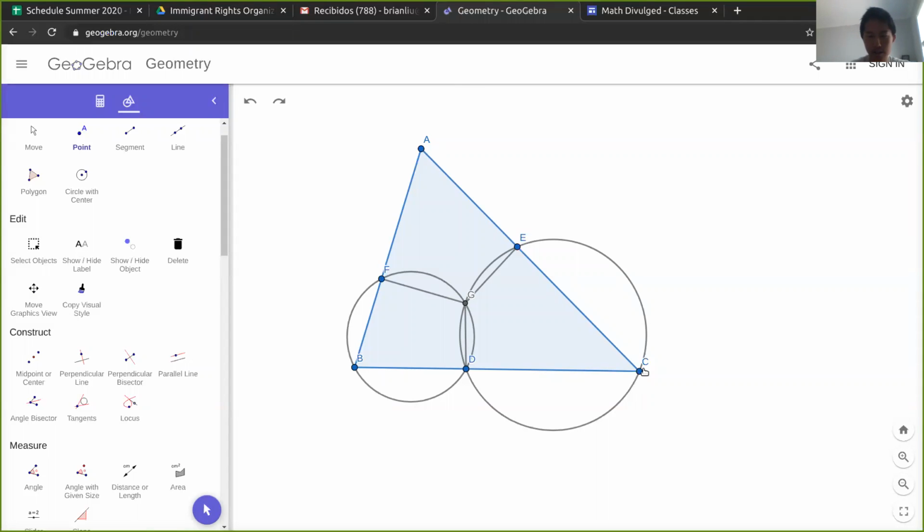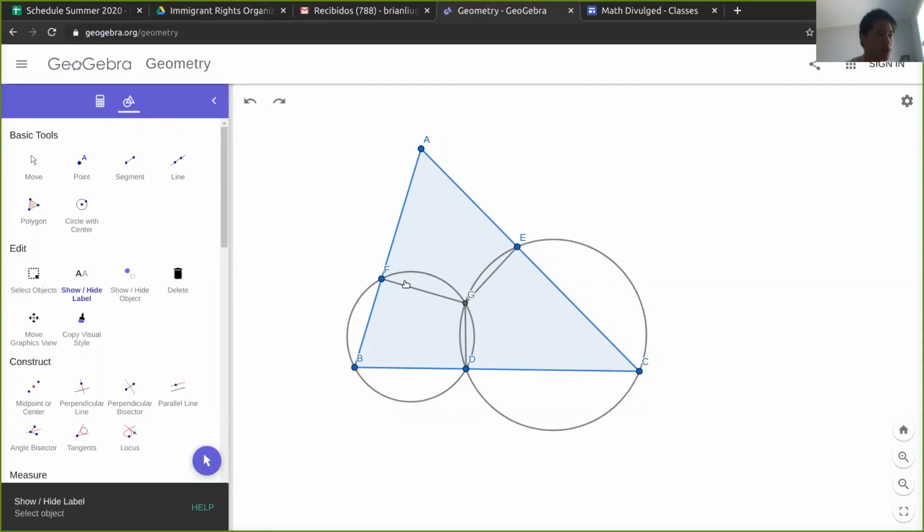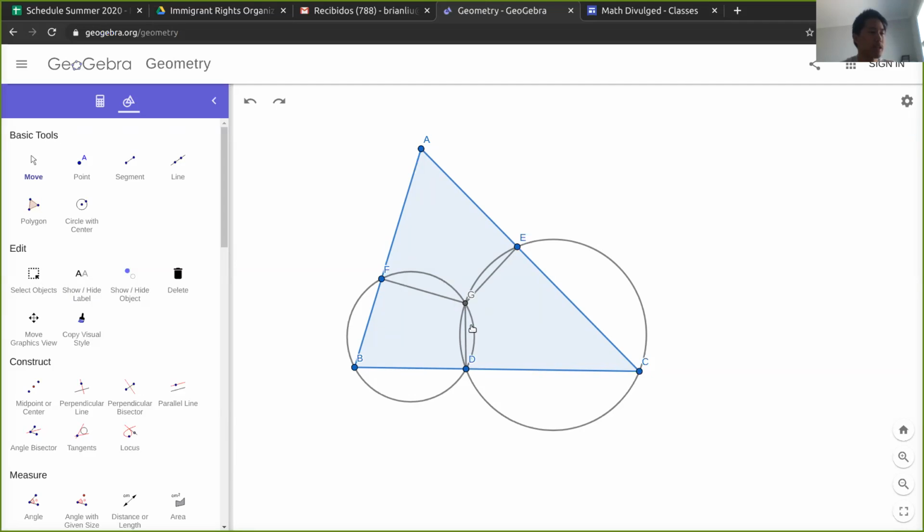And I see some of you already got the angle chasing. So we want to figure out this angle right here. The only other angles we can relate it to so far are this angle and this angle. We know that these three angles sum to 360 degrees. So we want to find this angle right here and this angle right here.